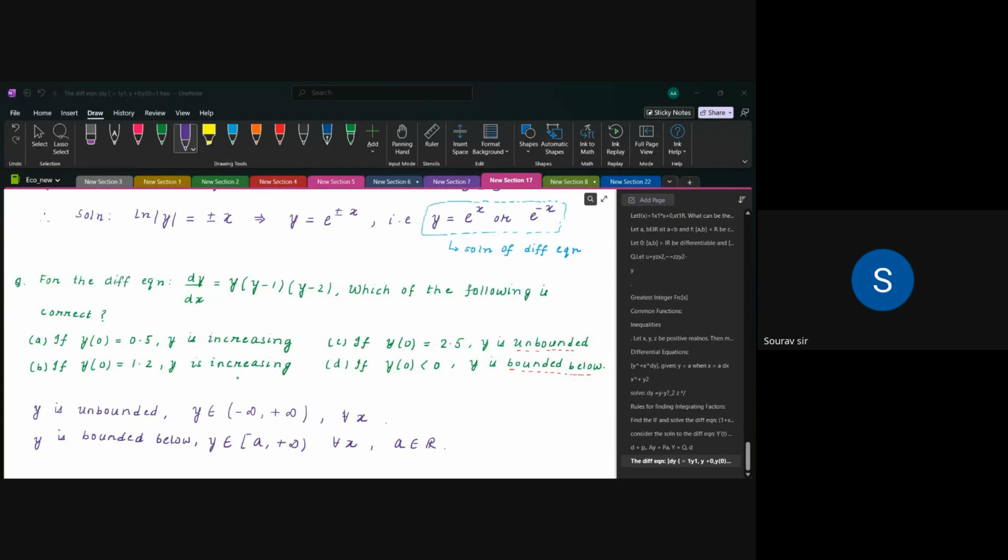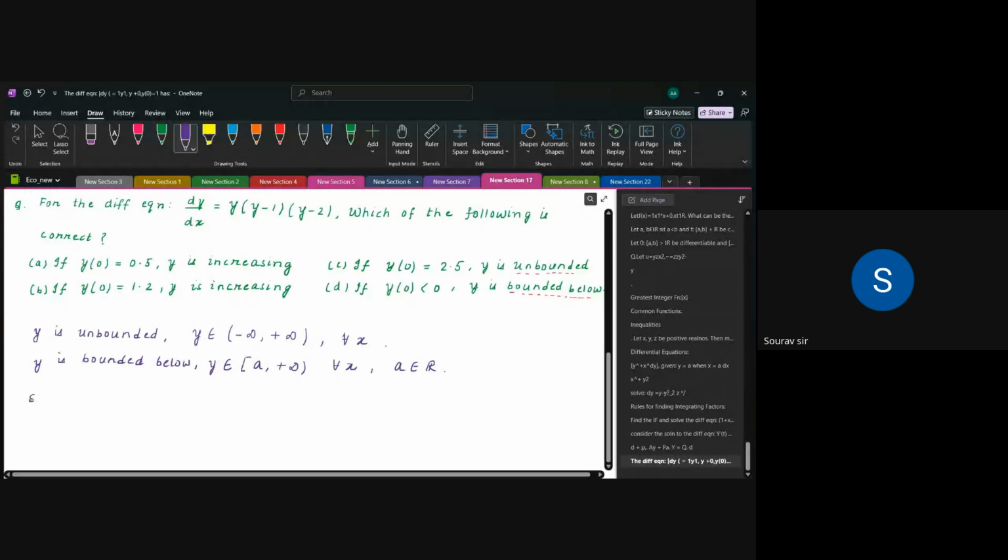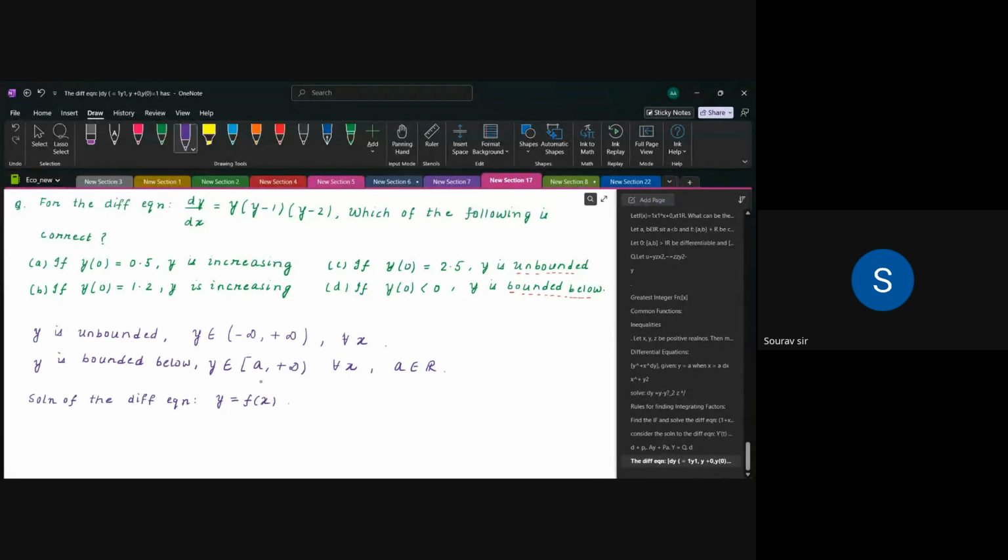So let's say, for example, that if you have a y as a function of x, right? So what will be the solution of this differential equation? It will be something like whatever the answer will be, some y as a function of x, right? If you look at option A and option B, it is basically talking about whether the function will be increasing or decreasing given these particular values, right?